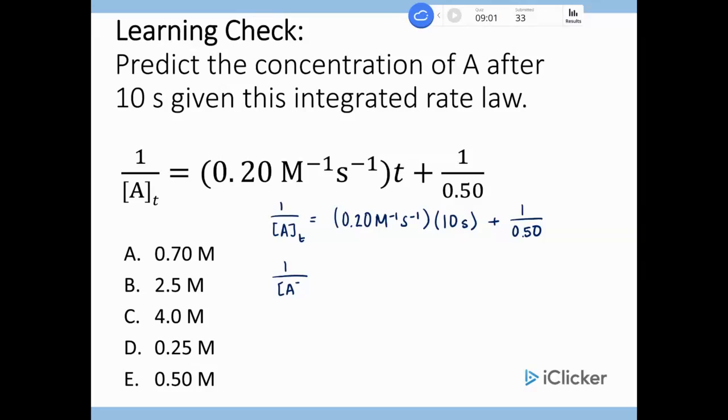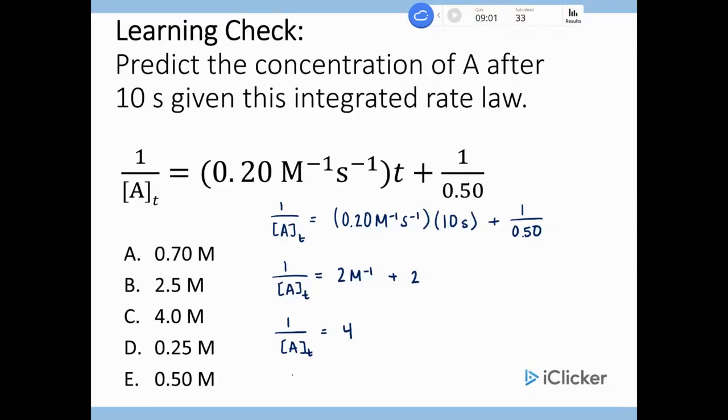Simplifying the right side, we still have 1 over concentration of A at time t on the left. 0.2 times 10 is 2. 1 over 0.5 is 2. So we have 1 over concentration of A is equal to 4. Now we need to manipulate this to have concentration of A at time t in the numerator.